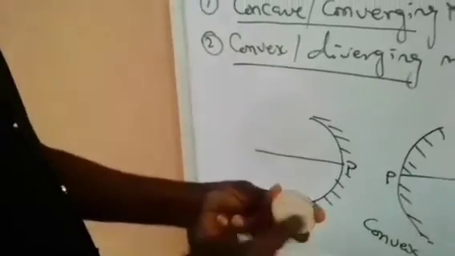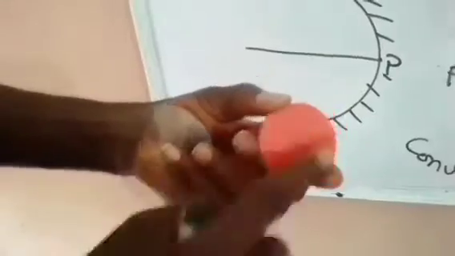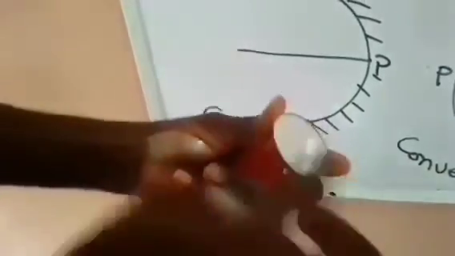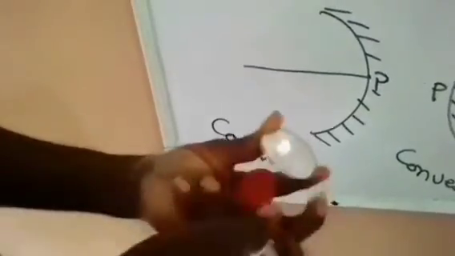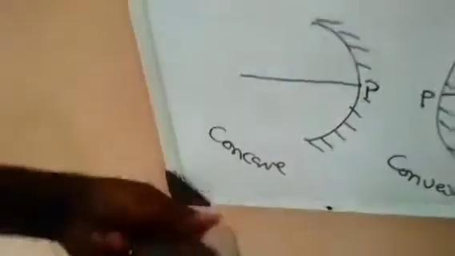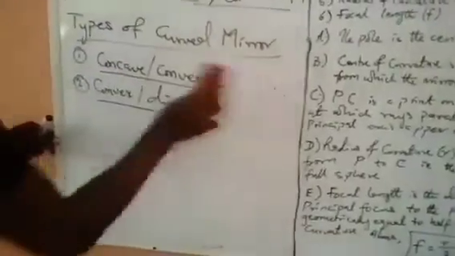This is the concave mirror because the inner surface is the reflecting surface, while the outer surface is shaded. But in this case, you can see the inner surface is shaded and the outer surface is left as the reflecting part. And so this is the convex, while this is the concave. Now, I want us to look at the different parts of the mirror.